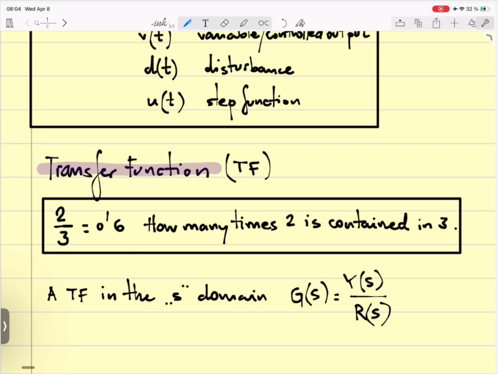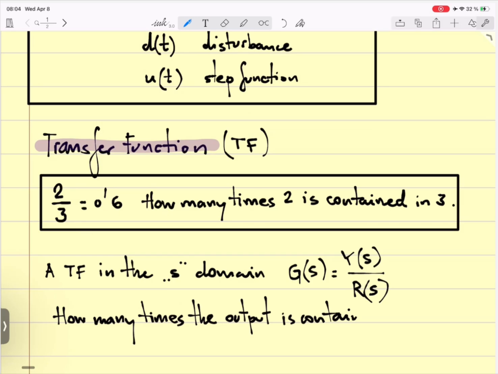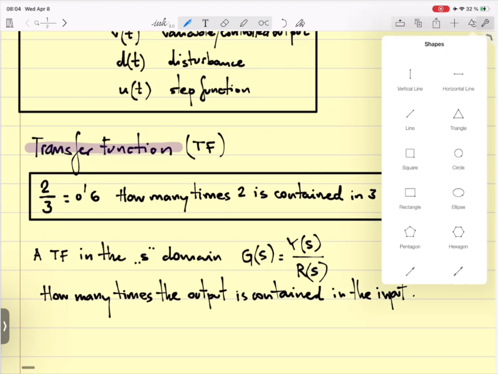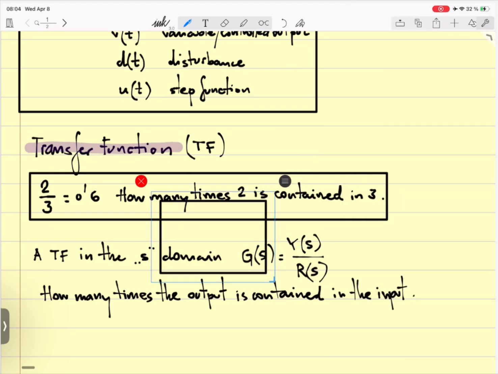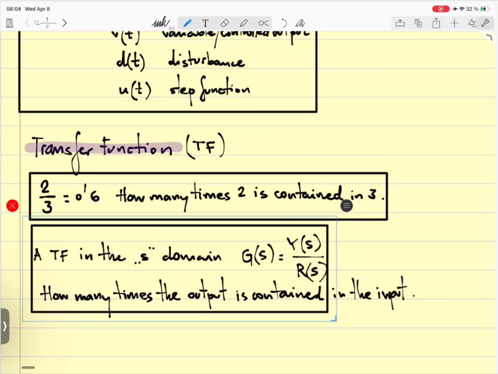Okay, so it means how many times the output is contained in the input. In other words, given a change in the input, for instance in the demand, how does the output change?